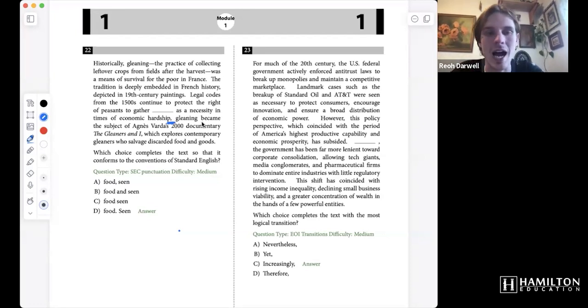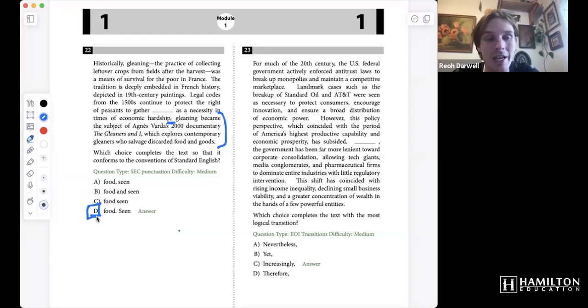When you read the rest of it, you see, now here's the independent clause. Gleaning became the subject of Agnes Varda's 2000 documentary, The Gleaners and I. Amazing movie, by the way, which explores contemporary gleaners who salvage discarded foods and goods. Now you see, seen as a necessity in times of economic hardship is a dependent clause beginning this sentence.